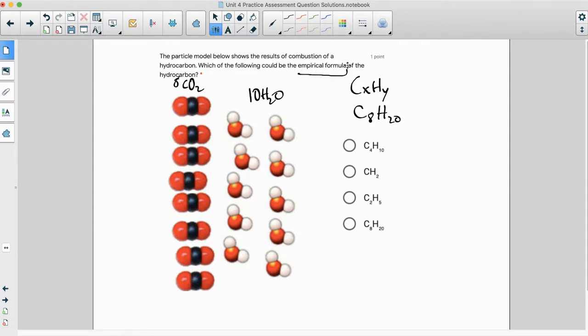The question asks for the empirical formula, which is the simplest whole number ratio. Not smallest, simplest. That would apply to the C2H5.